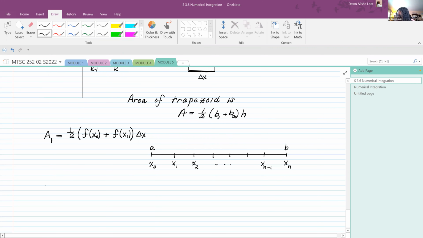Okay, the area of the second trapezoid is 1/2 f of x1 plus f of x2 times delta x.